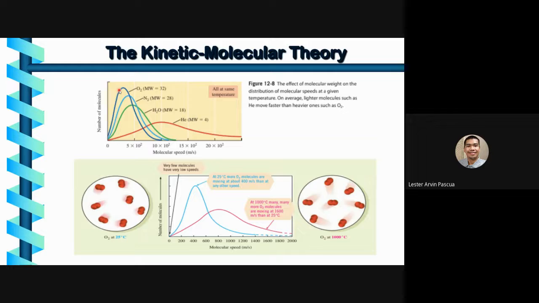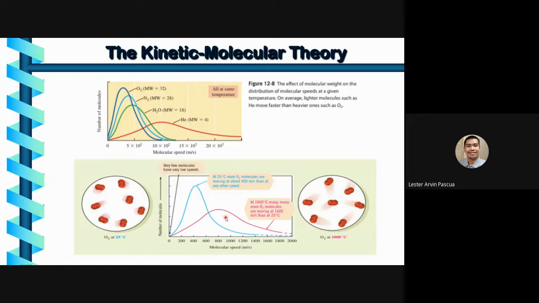Kumbaga, mas maliit yung Gaussian curve mo kung saan yun yung speed ng particles mo. Okay? Pero yun, mas mabagal nga siya compared sa kung mas magaan yung particles mo. Ito naman, this is for pag iniba mo naman yung temperature.